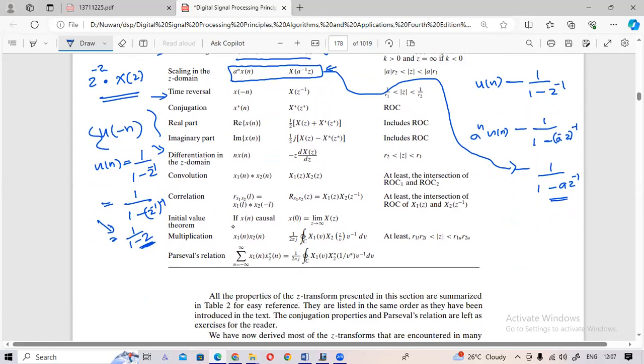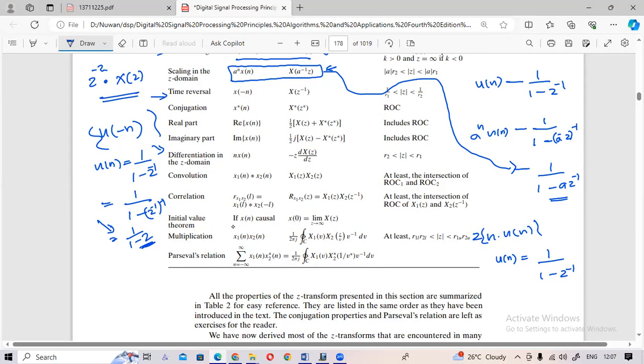For example, if you are asked to find the Z transform of n u[n], you have found the Z transform of u[n], that is 1 over 1 minus z^-1. Then the Z transform of n x[n] is equal to differentiating X(z) one time and multiplying by minus z.